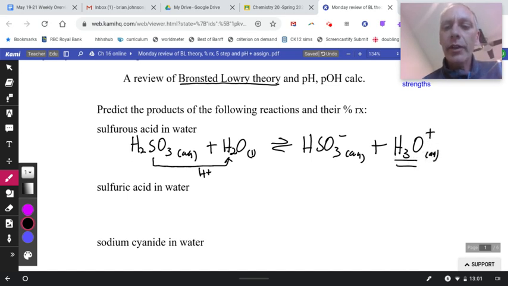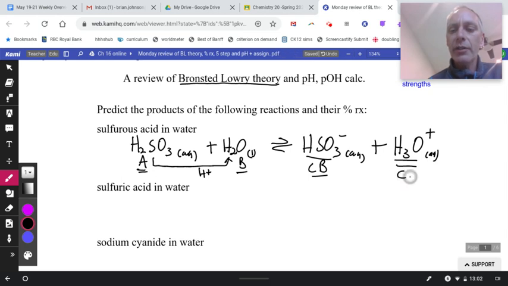So there's our hydronium ion, which is why it's acidic, and there's the leftover anion. If we wanted to use some more terminology, this is an acid, this is a base. If this is an acid, this is its partner, conjugate base, and if this is a base, this is its partner, conjugate acid.